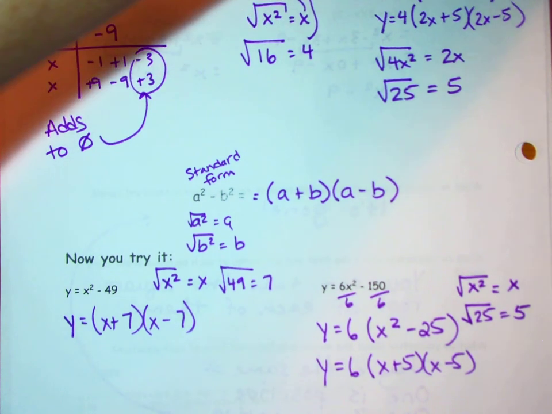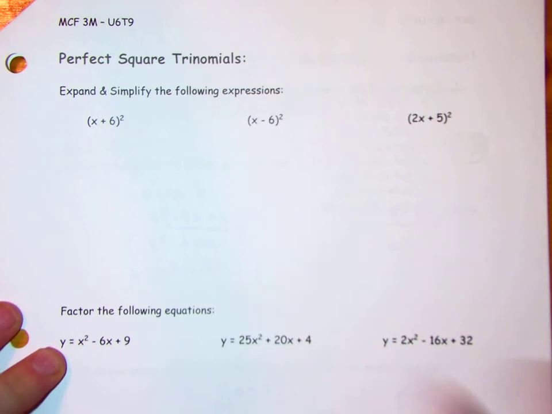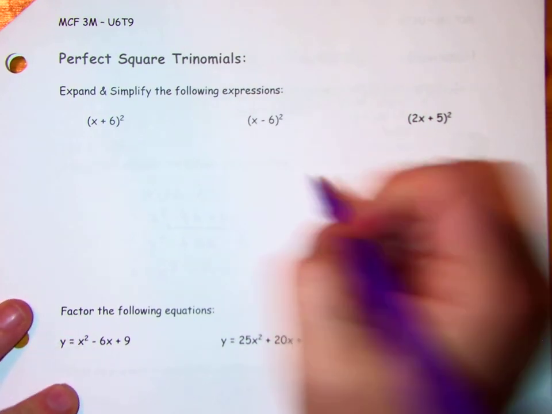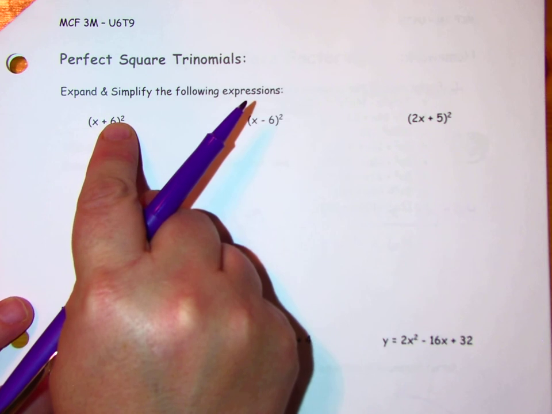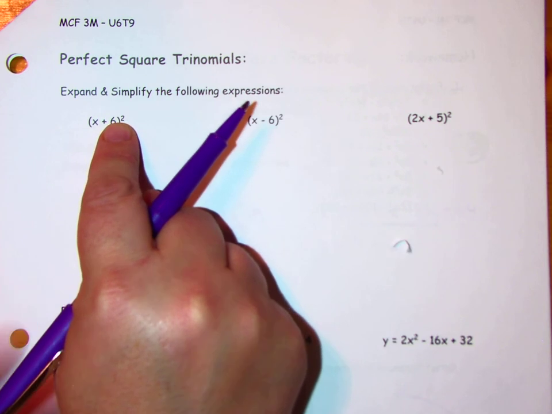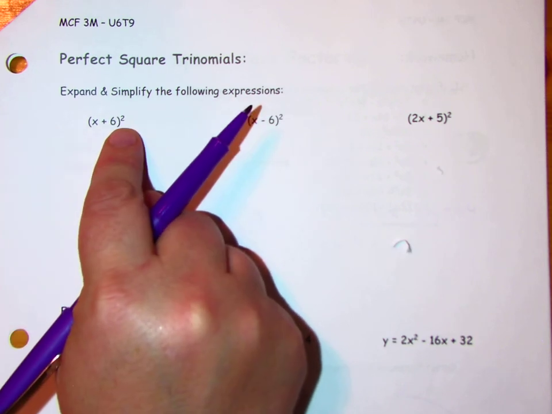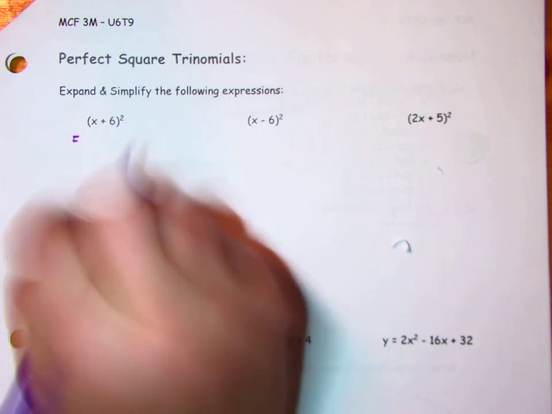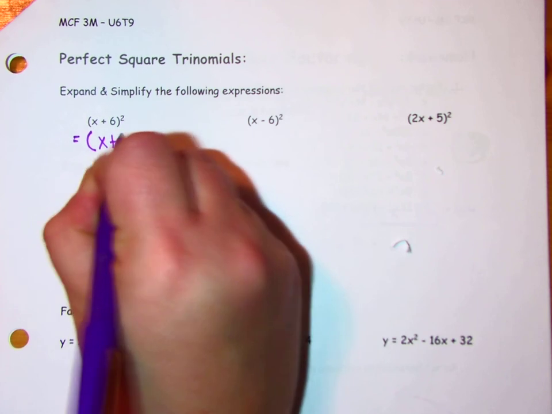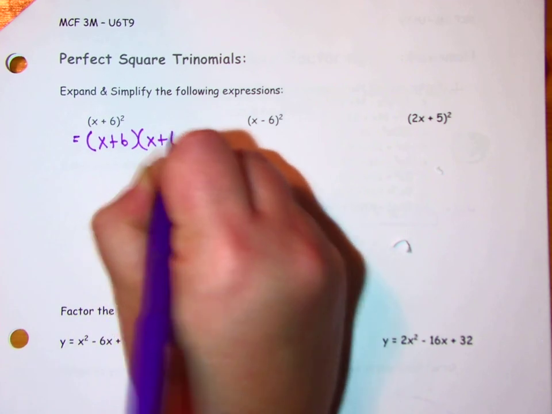The other shortcut that you can do is perfect square trinomials. Here's perfect square trinomials. You have to remember that when we have the square here, we have to expand it, meaning this bracket times itself. It's not x squared plus 36, it's x plus 6 times x plus 6.